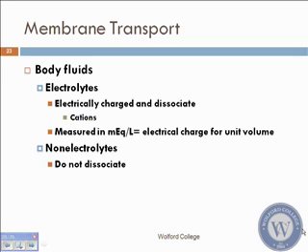That's the charge component, so it's very different than just a molecule. You're not talking about millimoles; you're talking about milliequivalents per liter. We use milliequivalents per liter when we give electrolytes in fluids. If you look at all our IV bags, they're in milliequivalents per liter, so make sure you understand that.